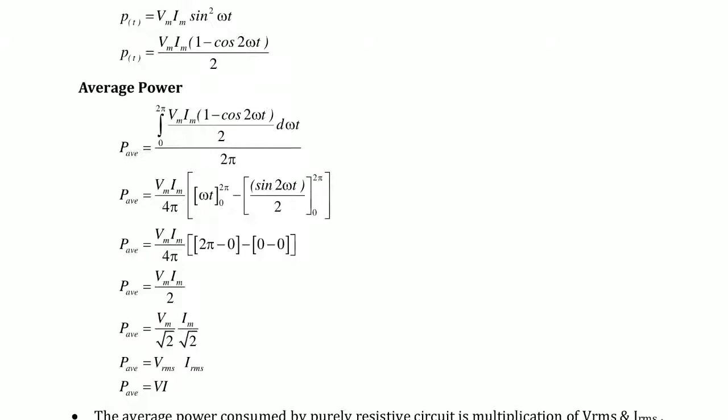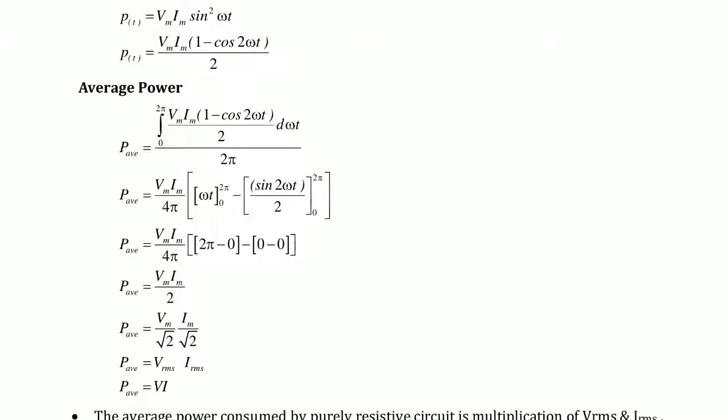Here P average is equal to Vm Im by 4 pi, times the integration of omega t from 0 to 2 pi, minus sin 2 omega t by 2, with limits 0 to 2 pi.